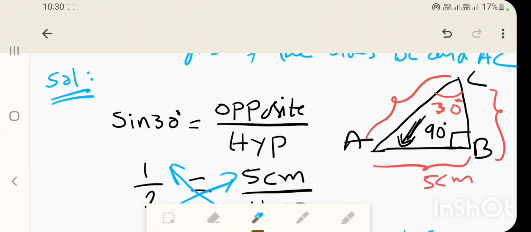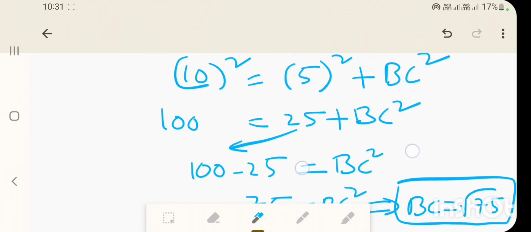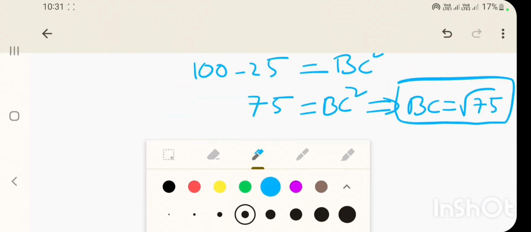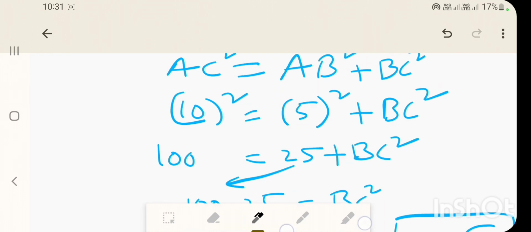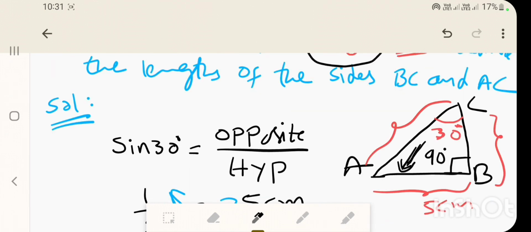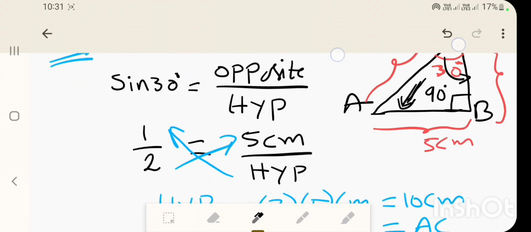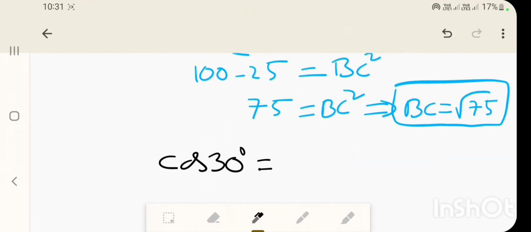Or you can use the standard trigonometric ratio of cos 30. Cos of an angle is nothing but adjacent side length divided by the hypotenuse. Adjacent to cos 30 is nothing but BC, okay, divided by hypotenuse AC.